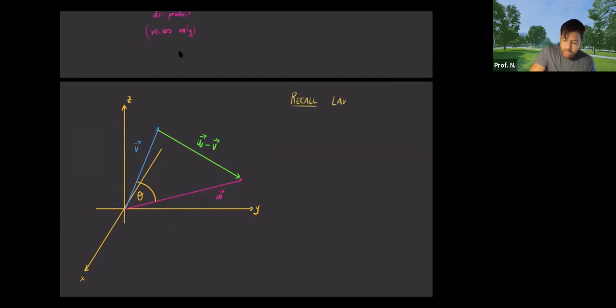The law of... There are laws of exponents, but again, what's the law in trigonometry that relates the three sides of a triangle with one single angle?